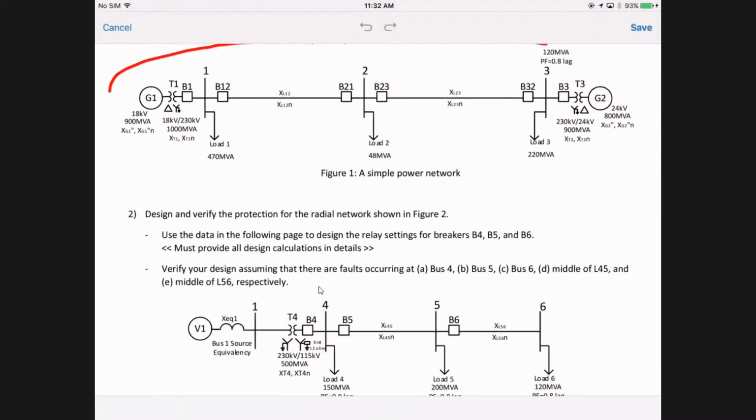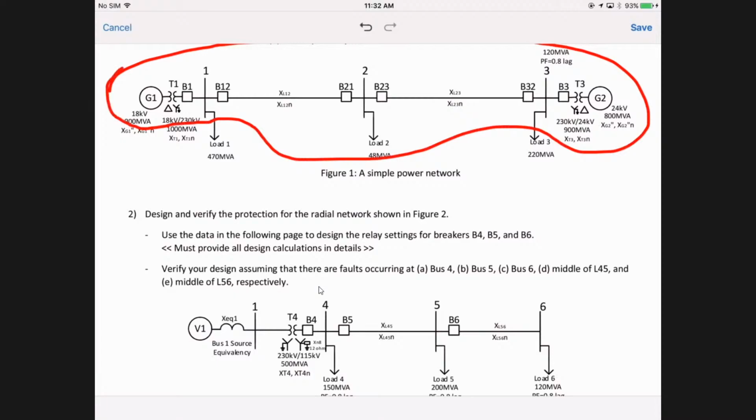I put all of this into an equivalent circuit, and this is equivalent to this. Just put a circle called V1. V1 is the equivalent of the whole circuit.